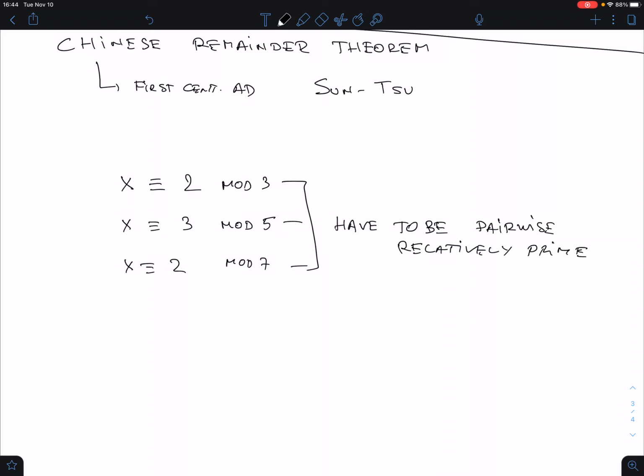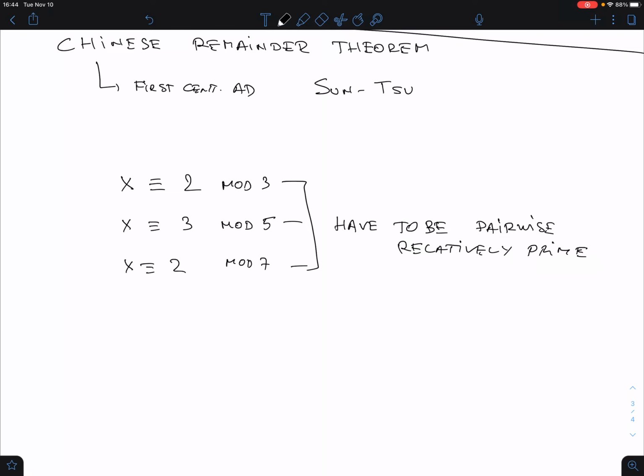Pairwise, I mean any 2 are relatively prime, any 2 have GCD 1. But a better way of formulating that is that if you look at the prime decomposition of all these moduli, and there don't have to be only 3, there could be 5, there could be 2, so we will discuss how you deal with the general case.